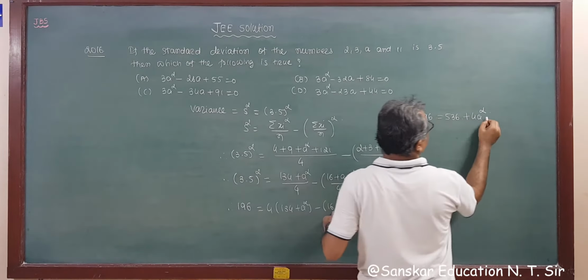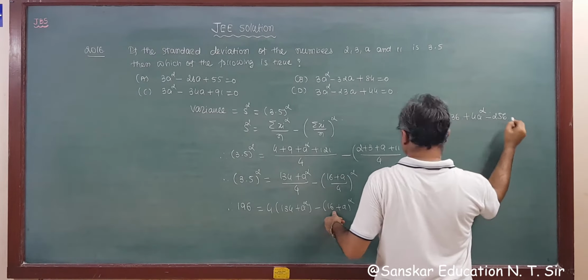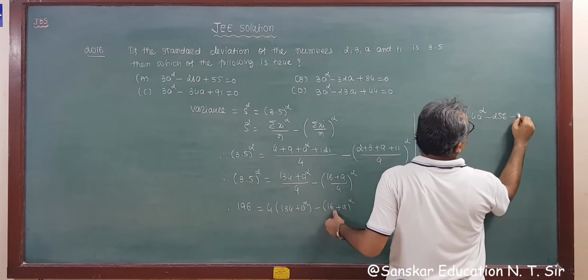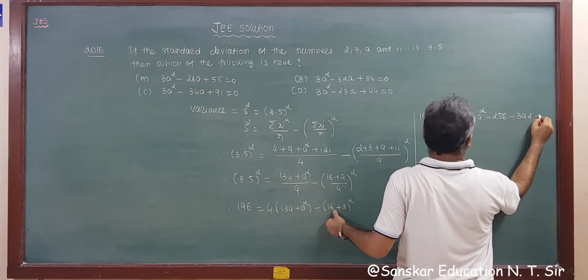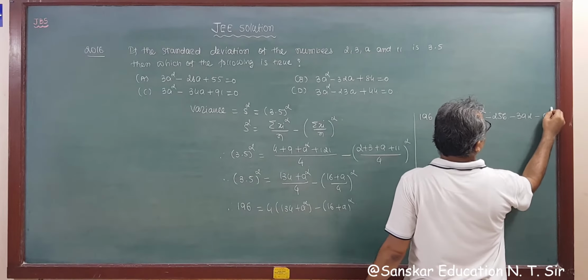Now the square of 16 is 256, so minus 256 minus 32a and minus a square.